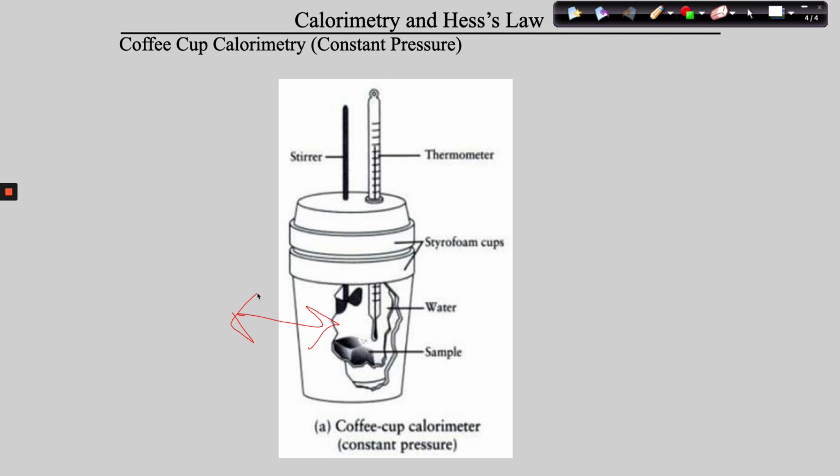But now, guys, this. When we do coffee cup calorimetry, we need a system and we need a surroundings. And guys, here's what we're going to do. Our system is going to be our reactants becoming products. In the first lab that we're going to do, those are acids reacting with bases.